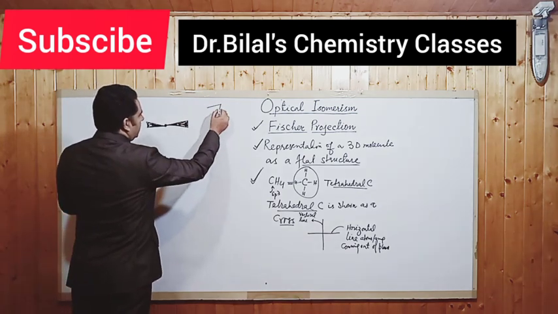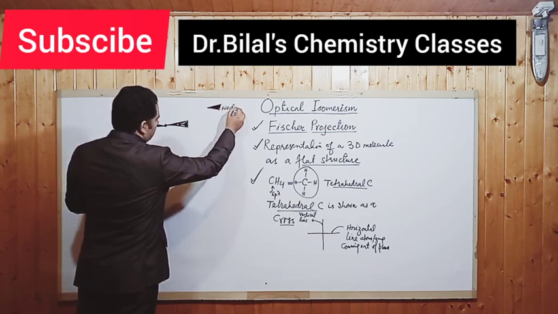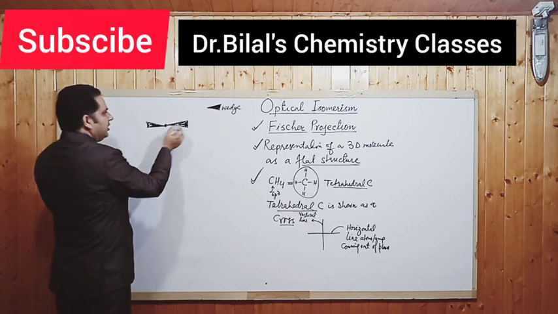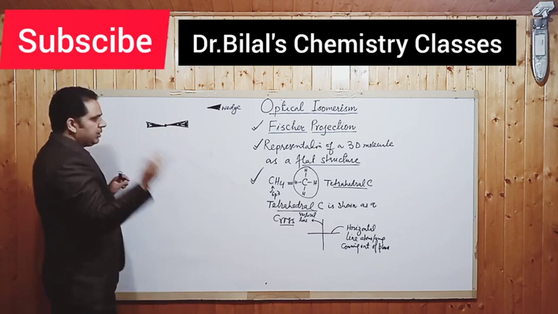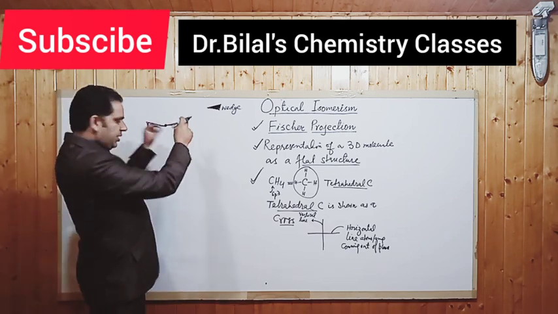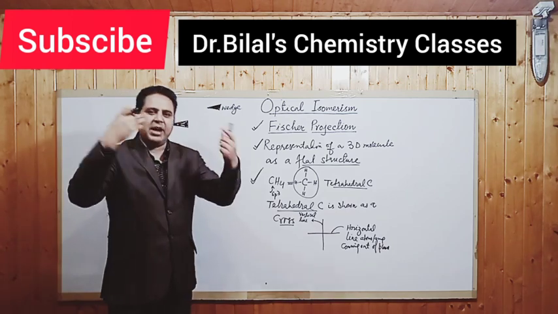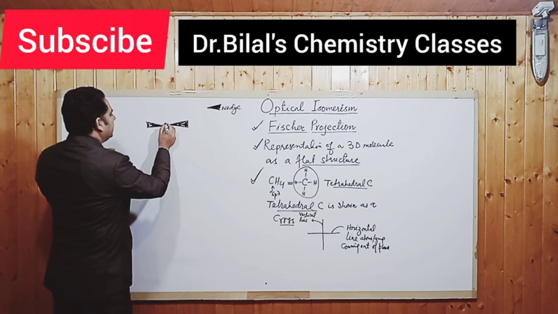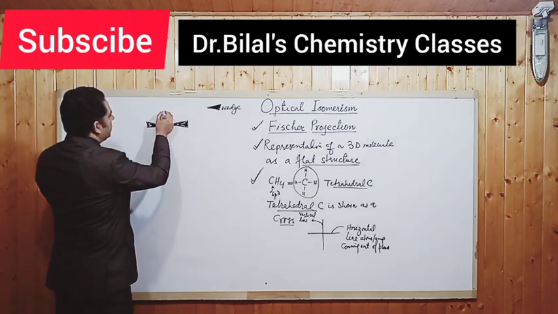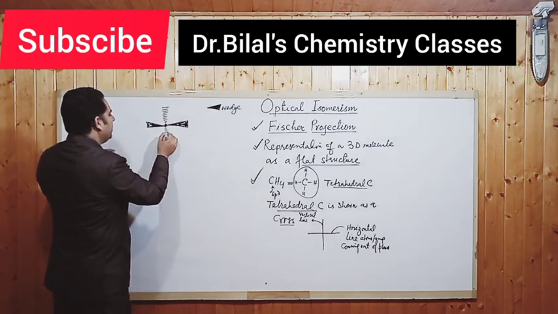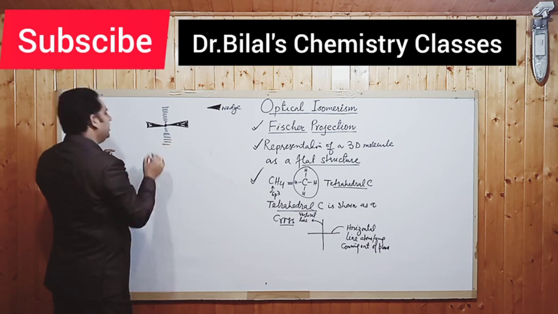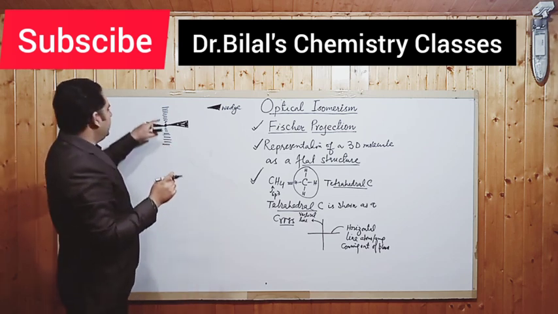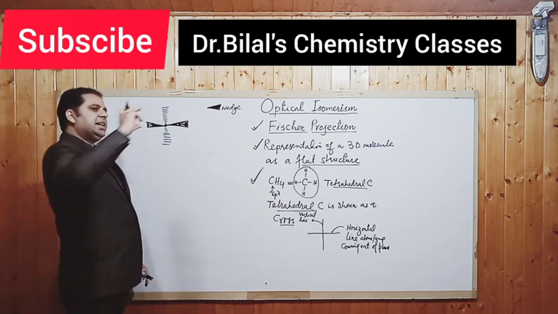The solid line which you show, like this, is known as wedge. Remember always, whenever you have this type of structure, imagine that these two groups are coming out. Then we have this dash. Dash shows those groups or atoms which are getting into the plane.